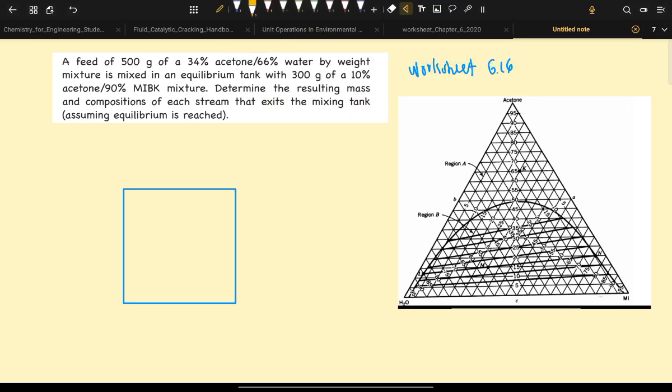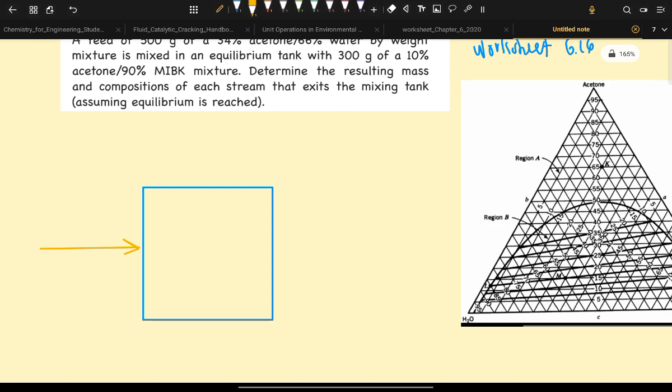Baca soalan elok. So dia kata a feed of 500 gram of 34% acetone, 66% of water by weight mixture is mixed in an equilibrium tank. Okay, ini adalah stream nombor 1, sebab apa dia kata feed is 500 gram with 34% of acetone and 66% of H2O.